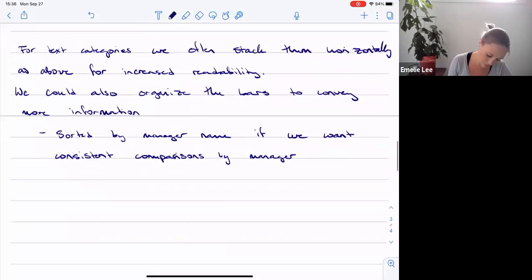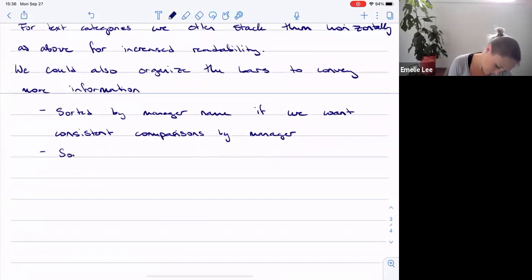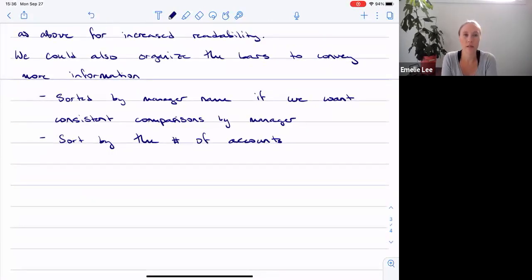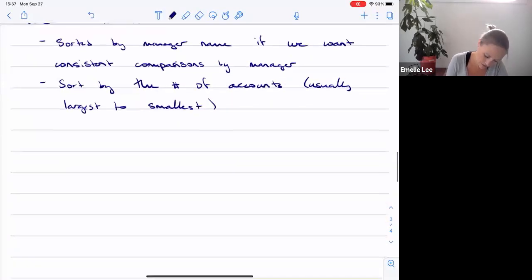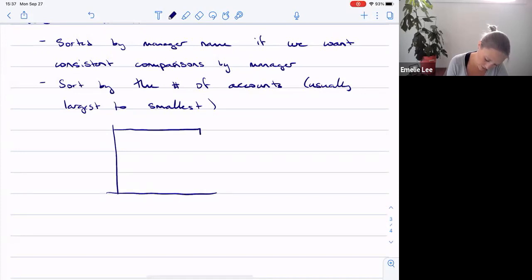Or you could sort by the number of accounts, usually from largest to smallest. Something like this, where you have this bar and then this bar.